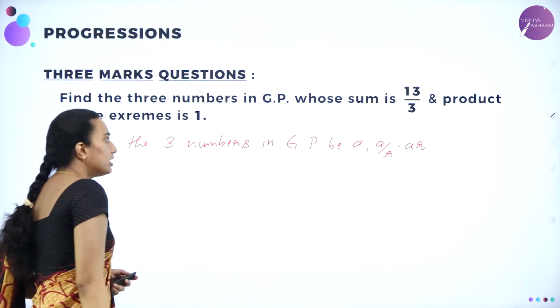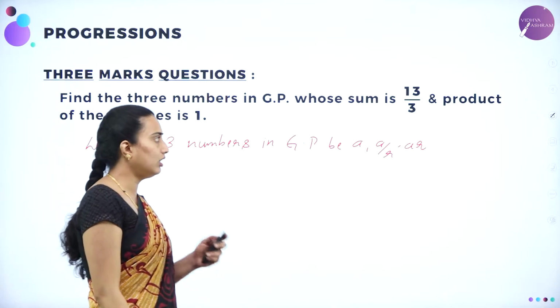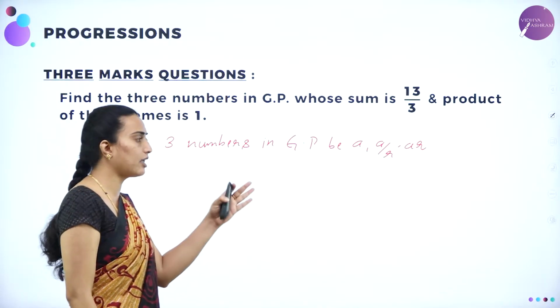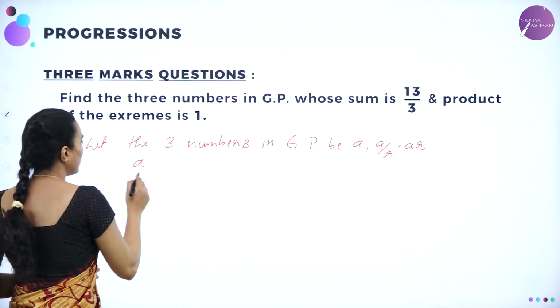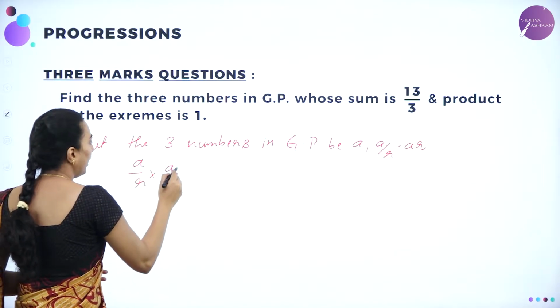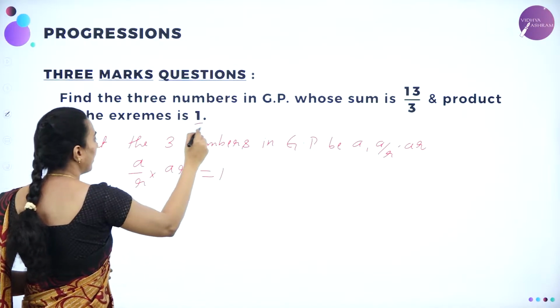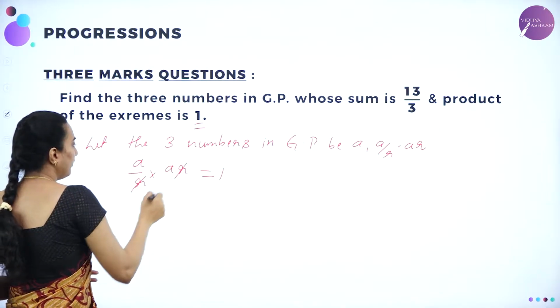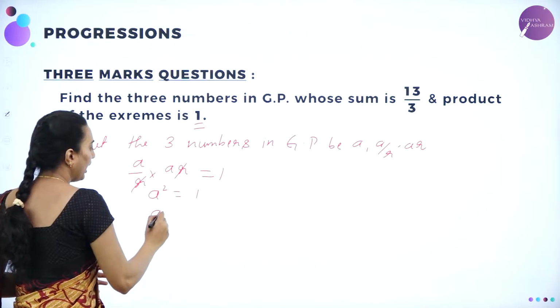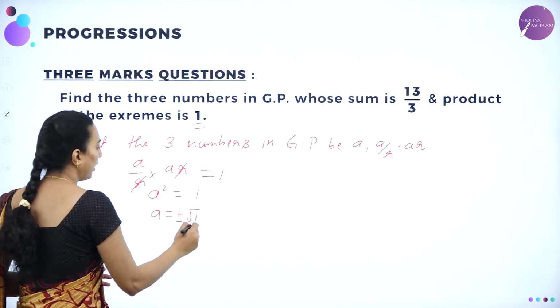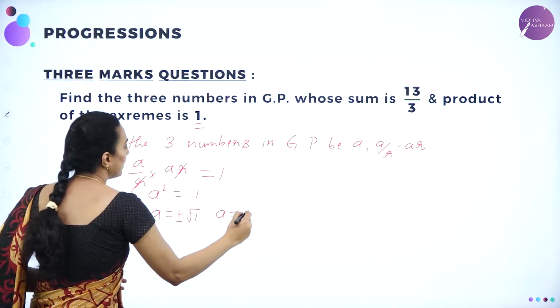Now they have given the sum of that is 13 by 3 and the extremes are A by R and AR. So according to the given condition, A by R into AR is 1. Now R will get cancelled. A into A is A squared is equal to 1, or A is equal to plus or minus root 1, or A is equal to plus or minus 1.